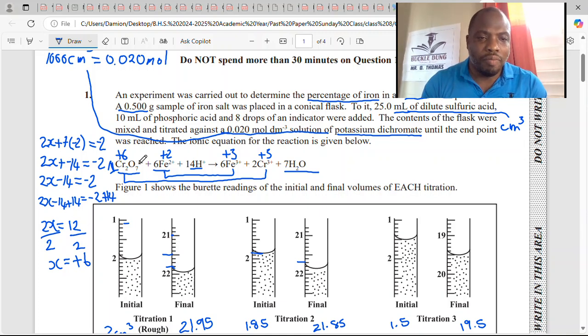So we said that because the chromium is 2, instead of saying X to formulate our algebra expression, we would have said 2X. And we said oxygen has a -2 oxidation number. When it is bonded in a peroxide, it would be -1.